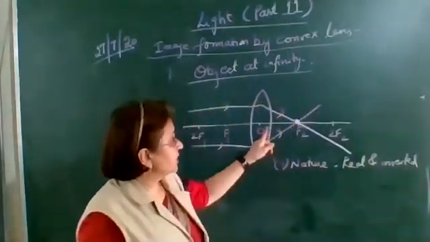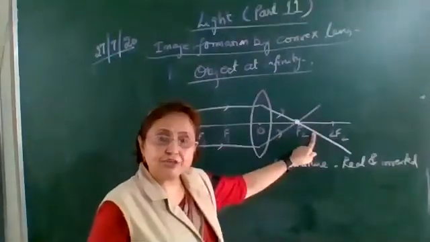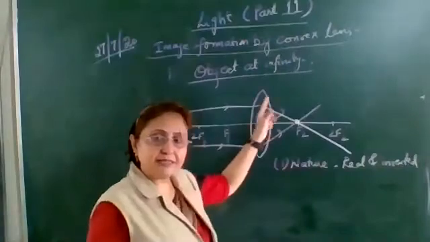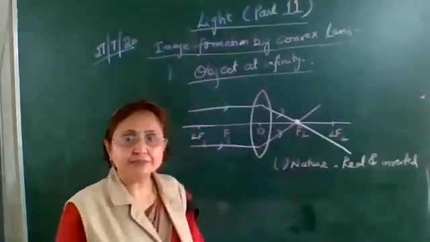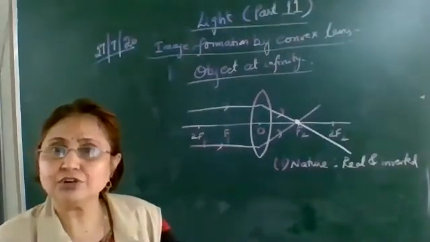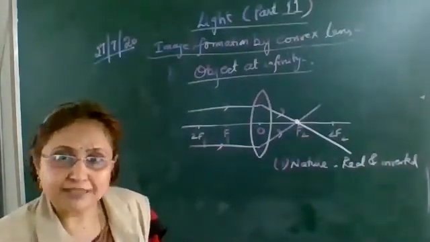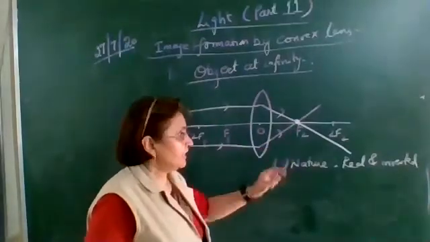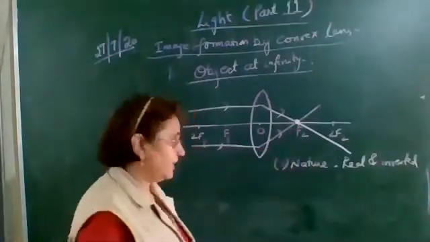Okay, and you can see that real and inverted images are formed on the other side. We have placed the object on the left side and the image is formed on the right side. So the real and inverted images are always formed on the other side than where we have placed the object. So the nature of the image is real and inverted.